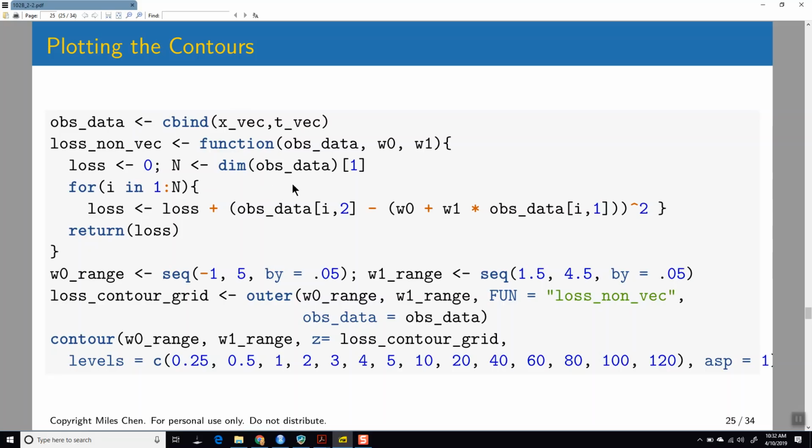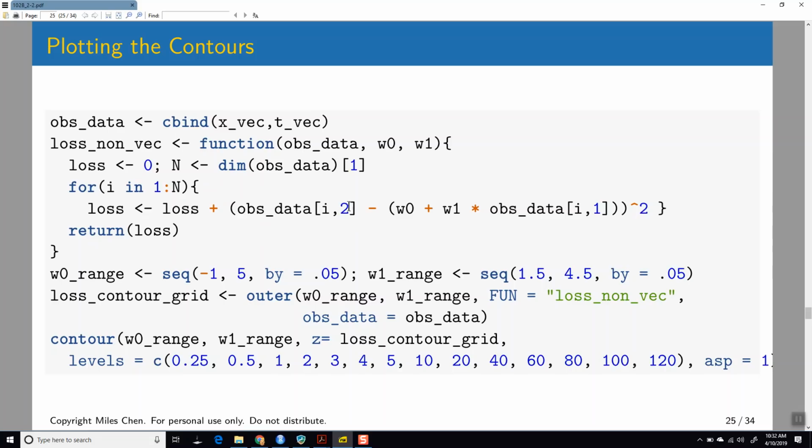Okay, and so the loss function is just going to go through every single data point, and is going to be how many data points, how many rows your matrix has, and then you start off with the loss being equal to 0, and you just iterate, and you're going to add the squared error.